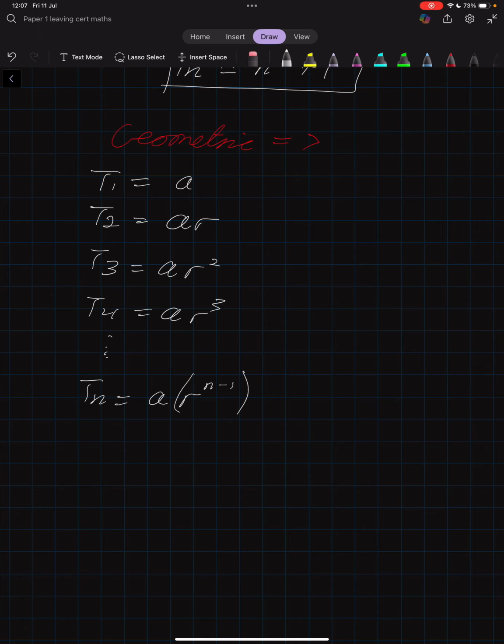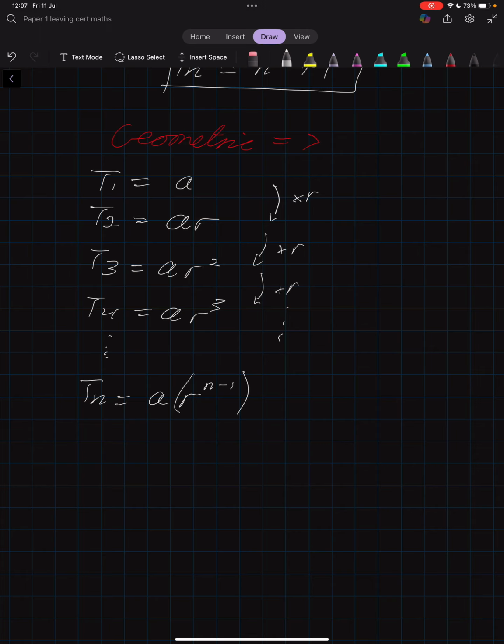Okay, so basically a geometric sequence is you start with a number and then you multiply it by a different number and you just keep going. So how do you go from this one to this one? You multiply by r, you multiply by r, on and on. So geometric is just when you multiply by r.